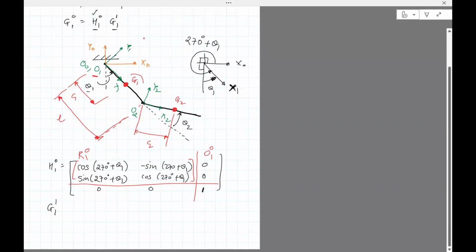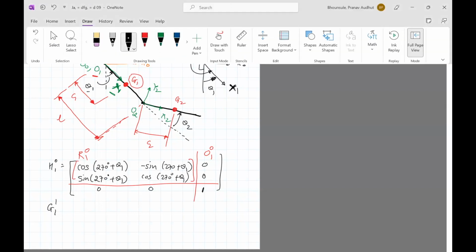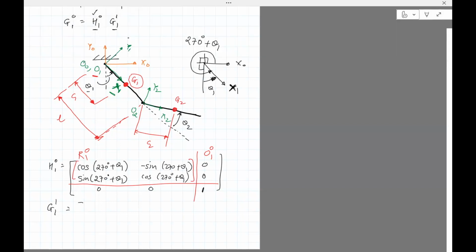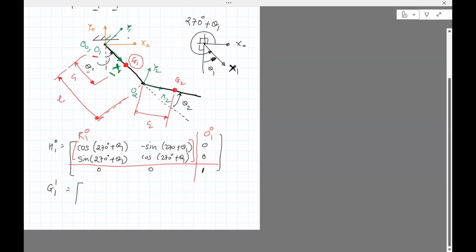Then G1 in frame 1. This is G1. If I want to compute G1 in frame 1, I look at the coordinate of G1 in this frame 1. Frame 1 is x1, y1. You can see that G1 is along x1, so its coordinate is going to be C1 along the x1 axis and 0 along the y-axis because it's along the x1 axis. So G1 would be C1, 0, 1.